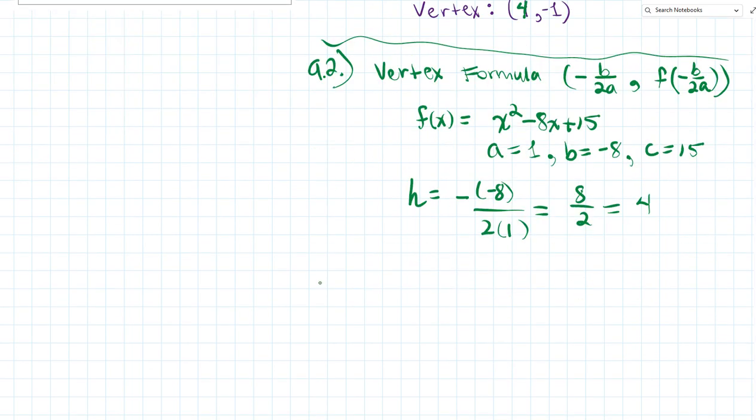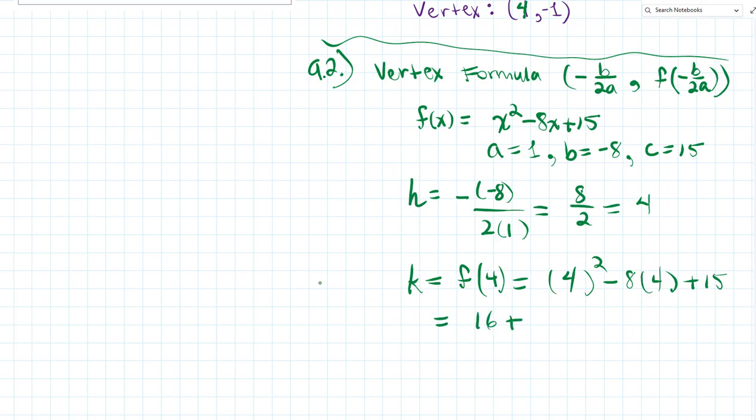And now I can find k by plugging that into the function. So I'm going to plug 4 into the function as it was given, x squared minus 8x plus 15. I'm just taking that value of 4 that I found for h and plugging it in, so that I get 4 squared is 16.